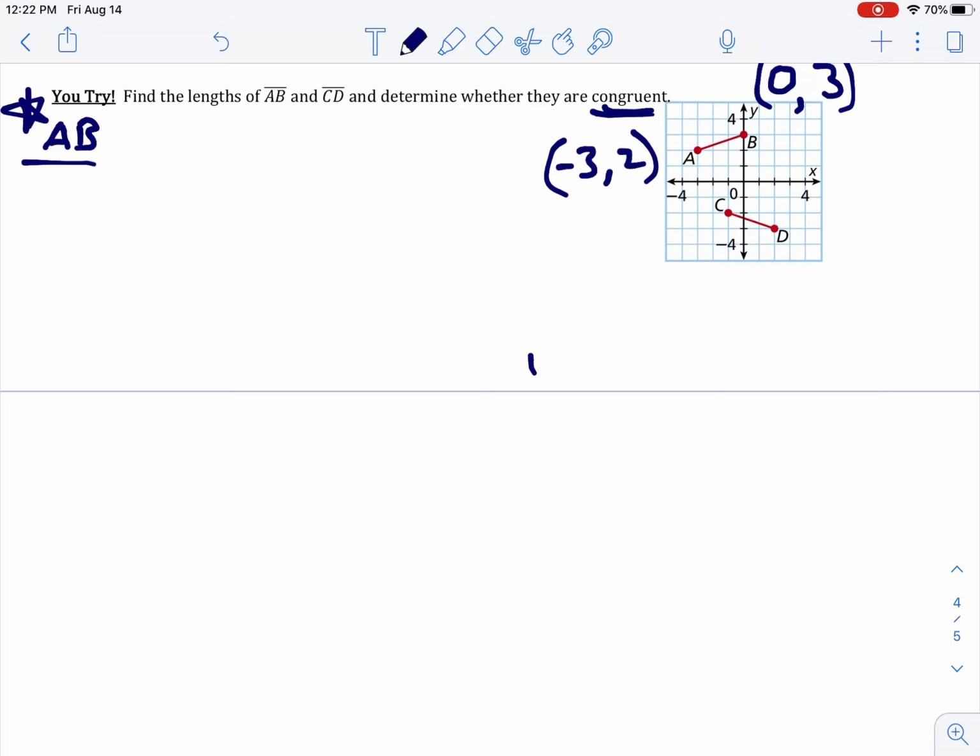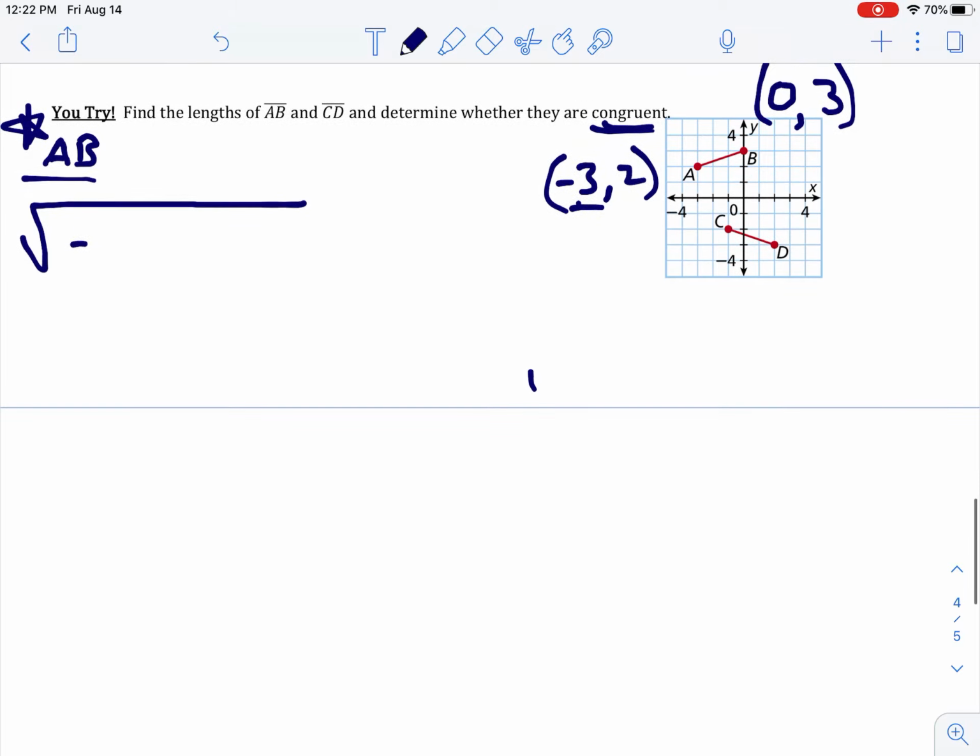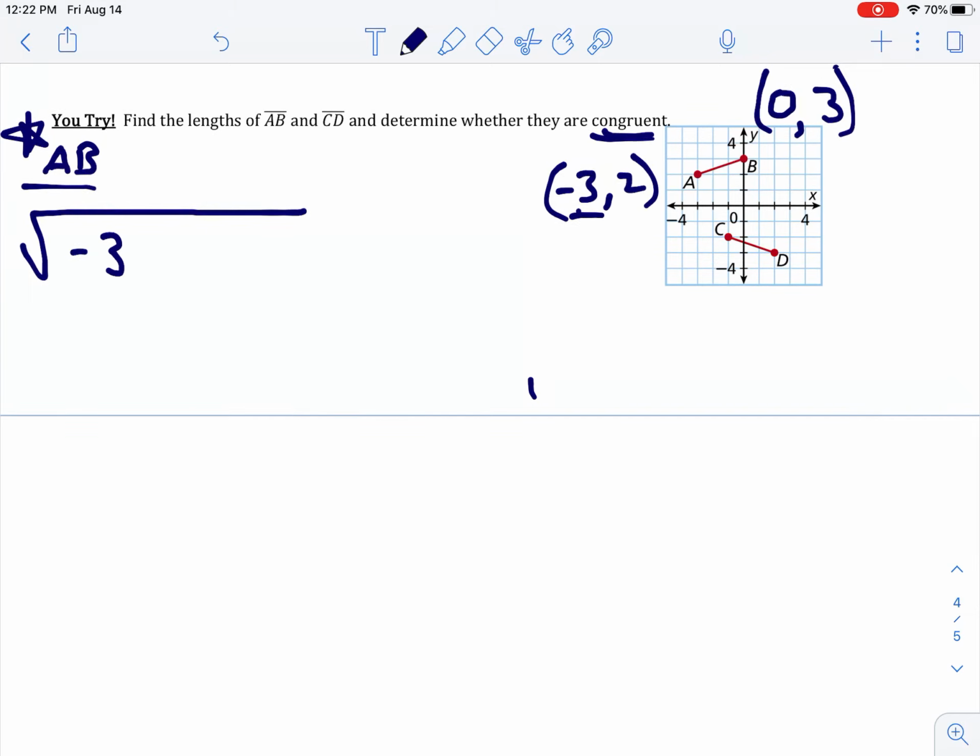Here we go, our distance formula. Square root symbol. I'm going to start with the first x that I see. I see a -3, so I'm going -3 minus 0 squared plus.